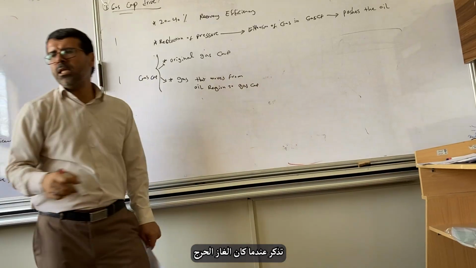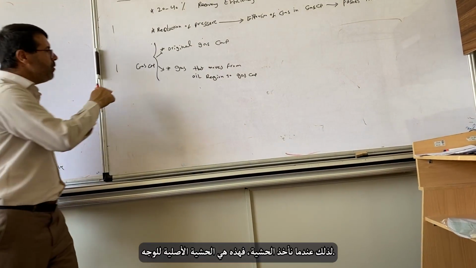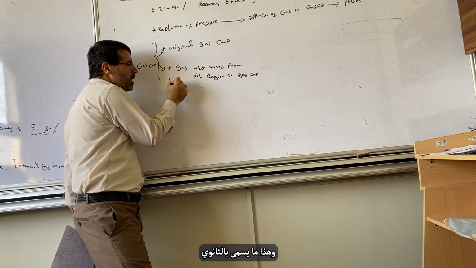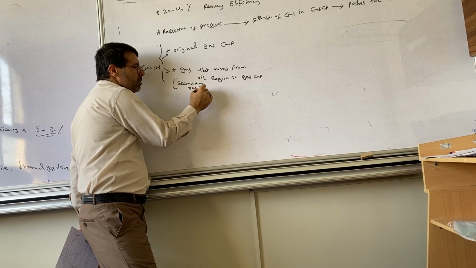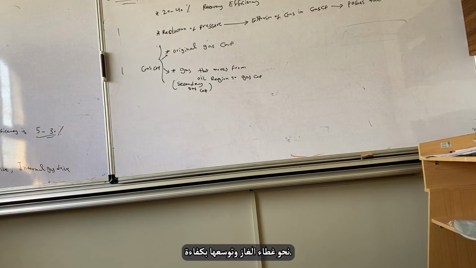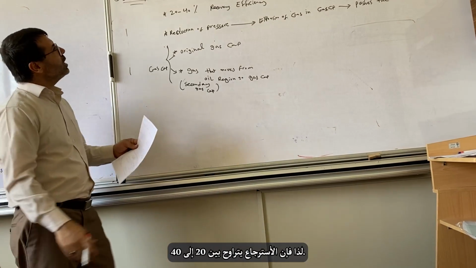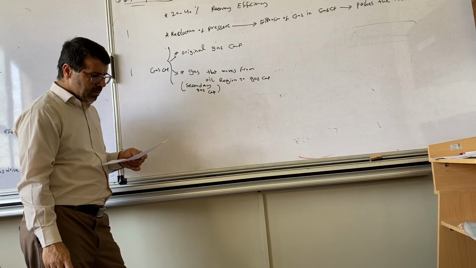Remember, when the critical gas saturation is reached, the gas moves toward the gas cap. So this is the original or first gas cap, and this is called the secondary gas cap. Most of the gas goes toward the gas cap, expands and pushes the oil. So the recovery is between 20 to 40%.